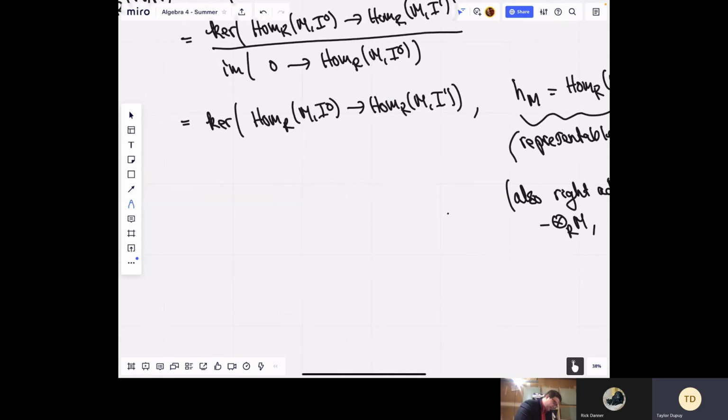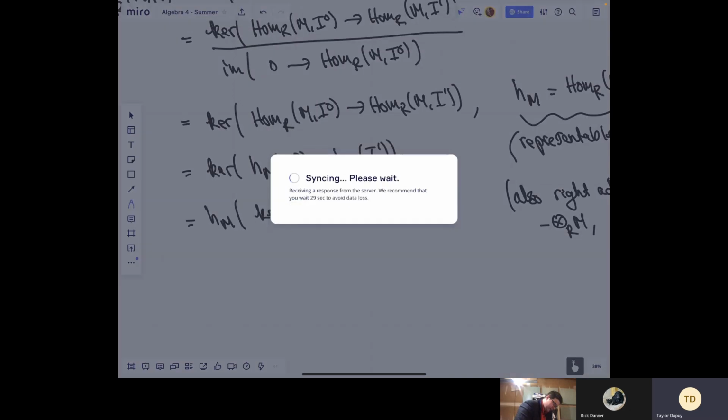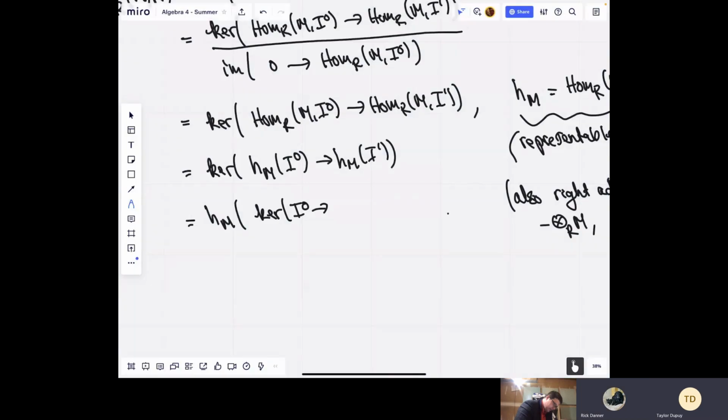And so this is the kernel of HM of I0 to HM of I1. Since this preserves limits, this should be HM of the kernel of I0 to I1. We talked about the kernel being a type of limit last semester.